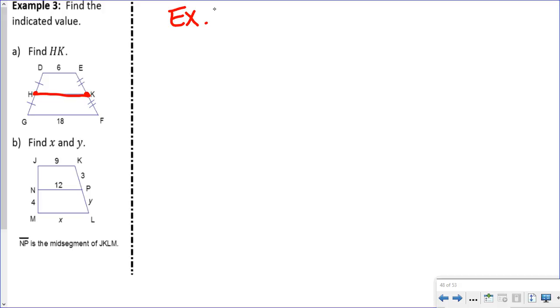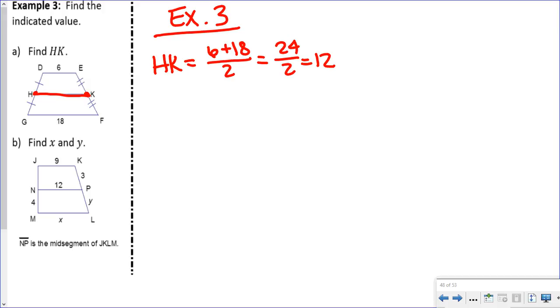And remember, to find that, we are going to average the bases, which is inside by 2. So HK equals 6 plus 18 divided by 2. So what is that? 24 divided by 2, which equals 12. So that's your HK, which is the mid-segment.